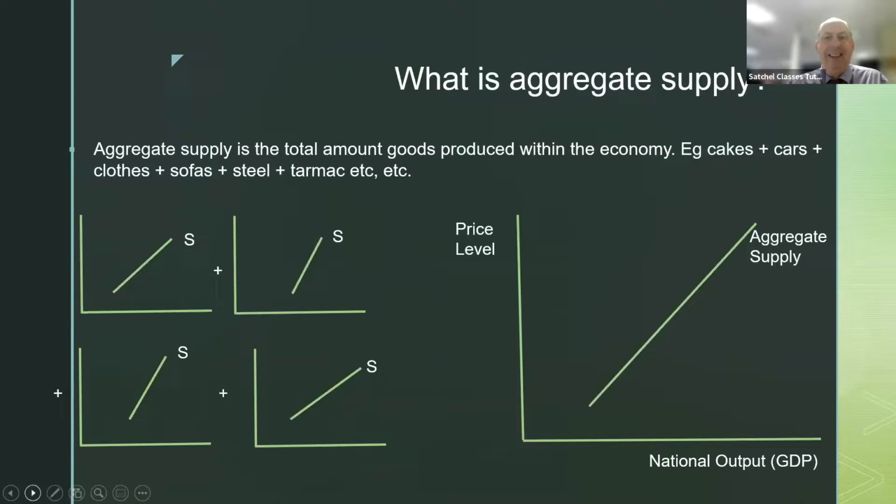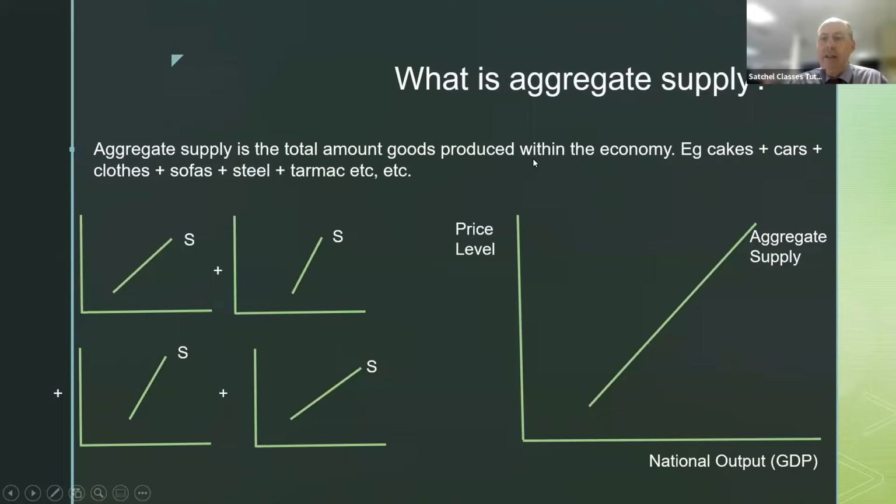So first of all, what is aggregate supply? Well, aggregate supply is all the supply in the economy added up together to create one aggregate supply curve. So we can see in this slide that we've got different supply curves that you would have seen in microeconomics.